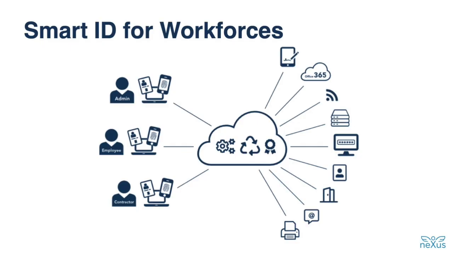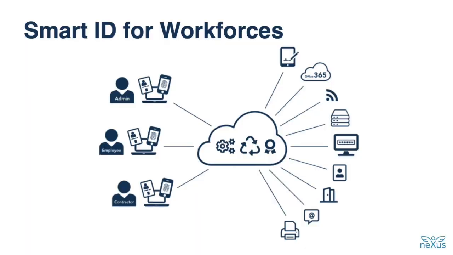On this picture here, you see a visualization of the whole workforce concept. So on one side, you see the administrators, the employees, and the contractors. The core of Smart ID is to be able to provide identities that can then go on a laptop, on a mobile, or on a card, and that, depending on which role you have and in which state you are, you have the possibility to use your identity for different purposes.